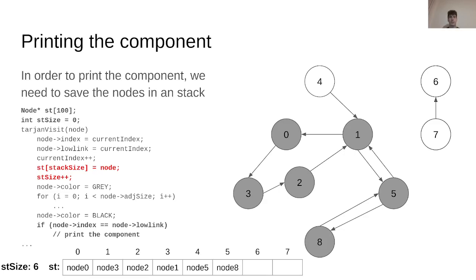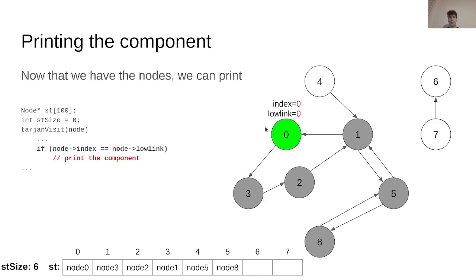So each node is added to the stack. Now, when we get to a node which has index equal to lowlink, which forms a component, we can print it.